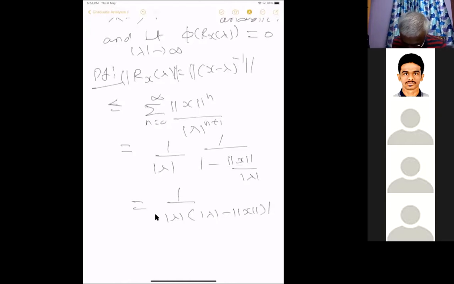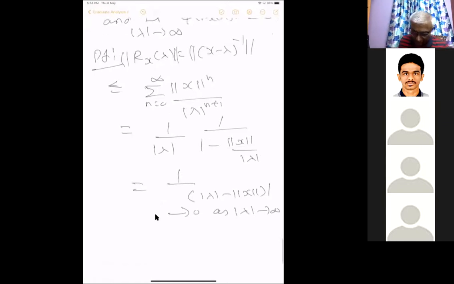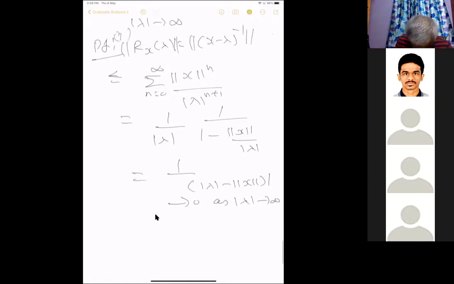That lambda will go away, which goes to 0. Okay, it's fine. Okay, this is 1. 2, and we just used our formula for (x minus lambda) inverse.